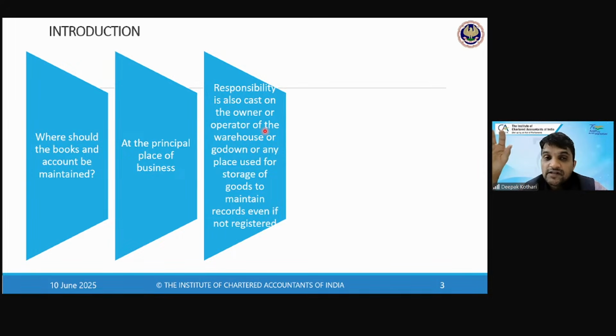That's why the responsibility is cast on the owner or the operator of the warehouse or any place used for storage of the goods. The person who is the owner of that premises where you're storing the goods is also responsible to maintain records of those goods, not the complete one, but to that extent.